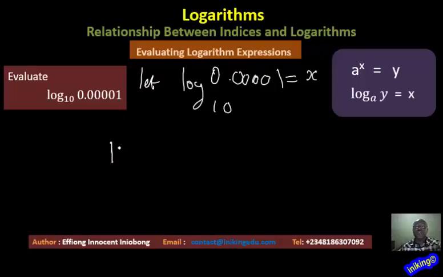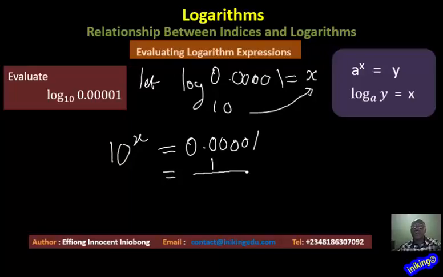Now this means that 10 raised to the power of x will equal to 0.00001. Change this to fraction, and that will give us 1 all over 100,000, sorry, that should be 5 zeros.